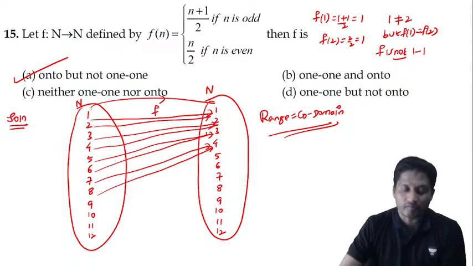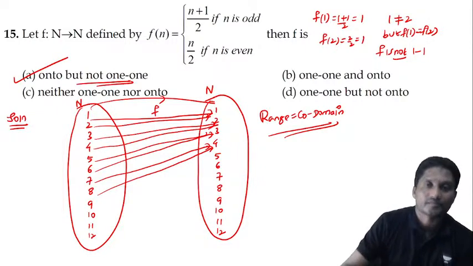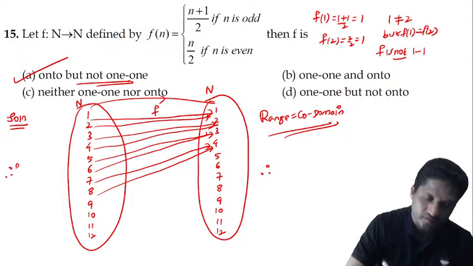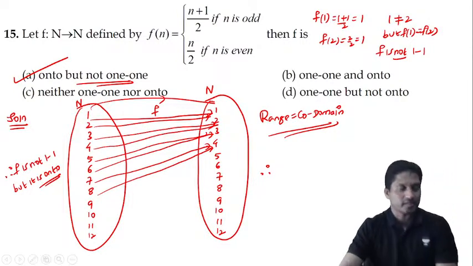Right? So it is onto, but not 1 to 1. Therefore, let me write here: f is not 1 to 1, but it is onto. The answer is option A.